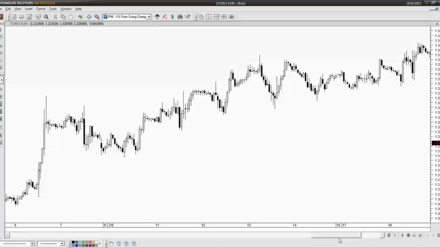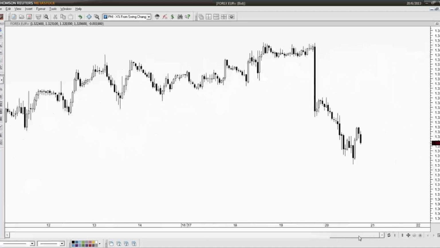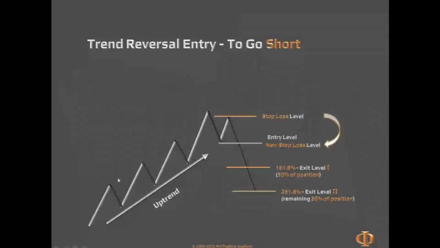But in essence, it works as well in the lower time frames as it would on the higher time frames. So look at this. Even on the hourly, when you see what we call the perfect picture, which means you have an uptrend and then you have a good failure swing, then by all means go and trade it.